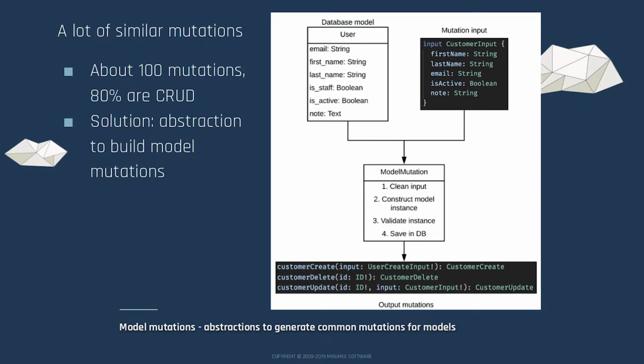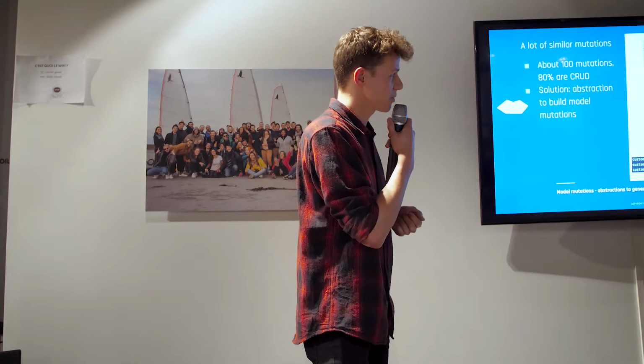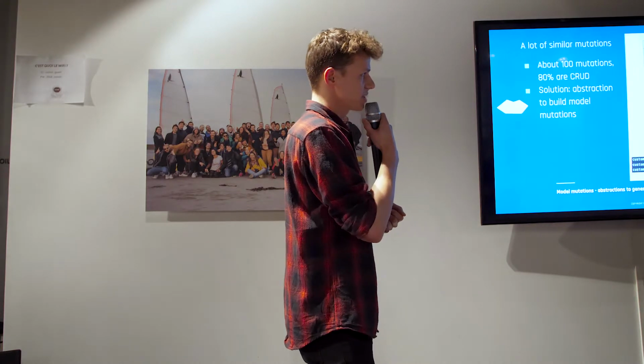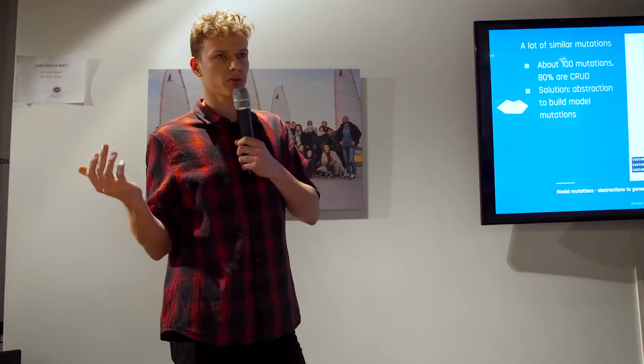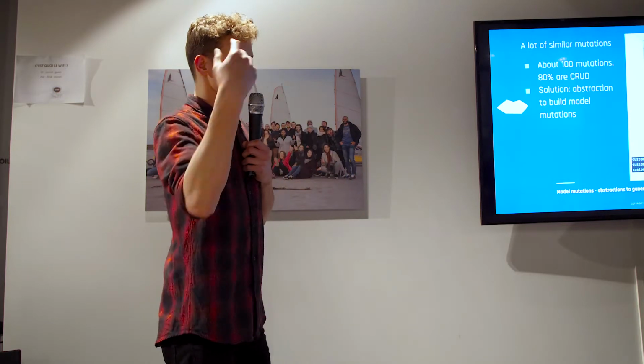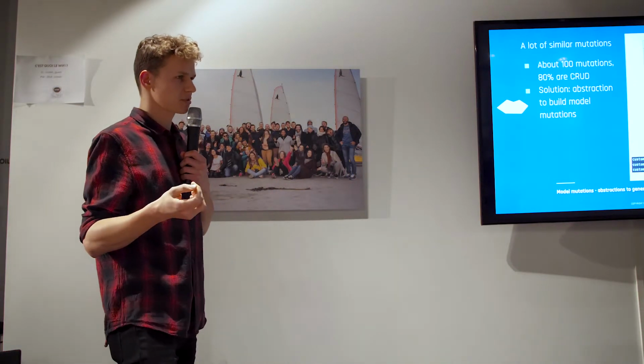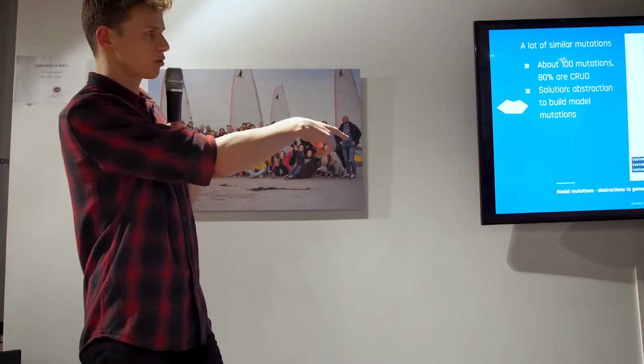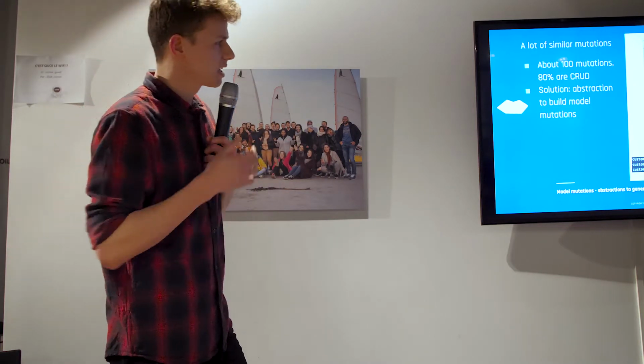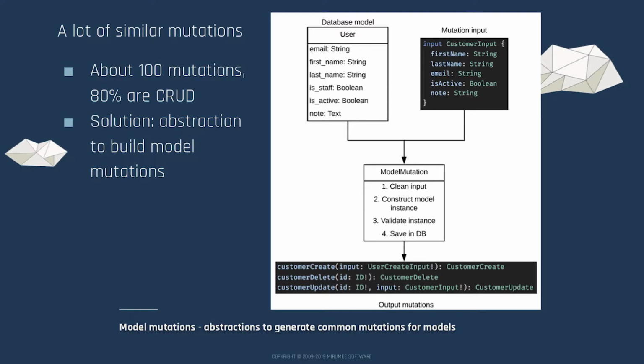It will be the user model, because I've provided it before. So either I initialize an empty user, or I fetch this user from the database. In the third step, I can pass this data incoming from the mutation into this new instance and validate it. If, for example, the user has a required email, this is a good place to run this validation. And fourth, if everything was alright before, then I can save this model to the database. With this little tool, we were able to quickly build those mutations which are mostly the same.